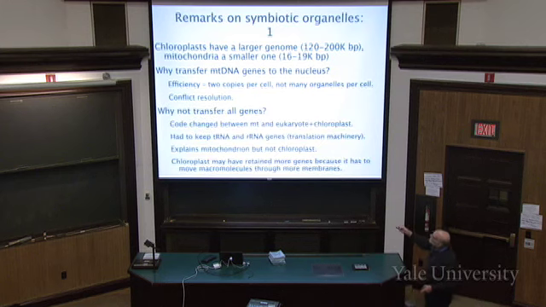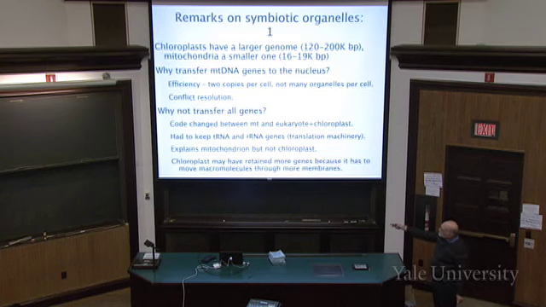Now, why not put all the genes into the nuclear genome? Well, there are a couple of reasons. One is that the genetic code is actually different in the mitochondria and in the nuclear genome and in the chloroplast. So the tRNA and ribosomal RNA genes, the translation machinery, had to be retained in the mitochondrion, at least that much. Now that explains the mitochondrion, but it doesn't explain the chloroplast.